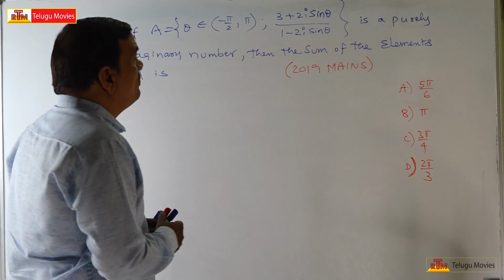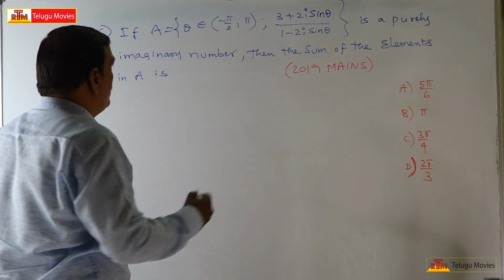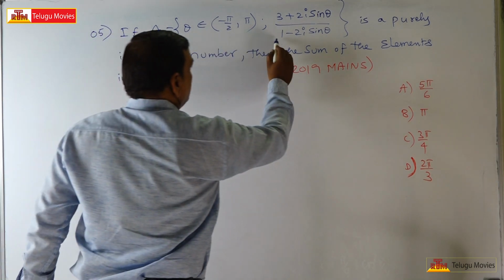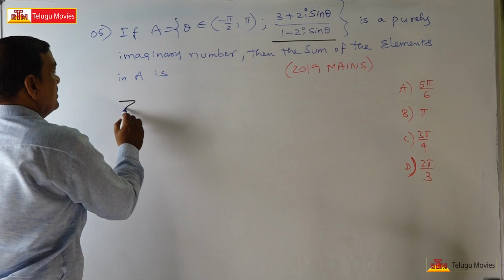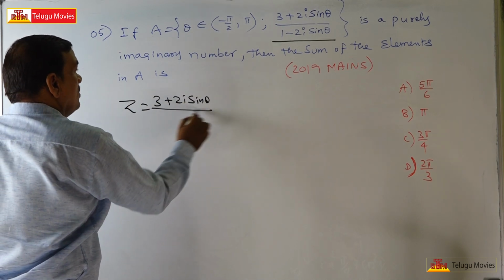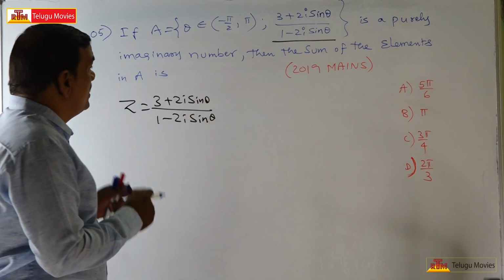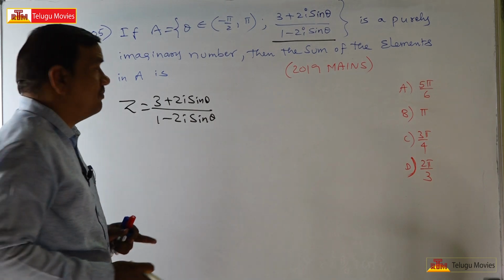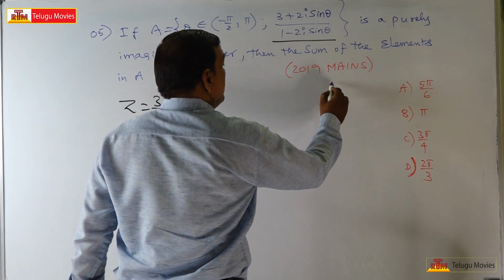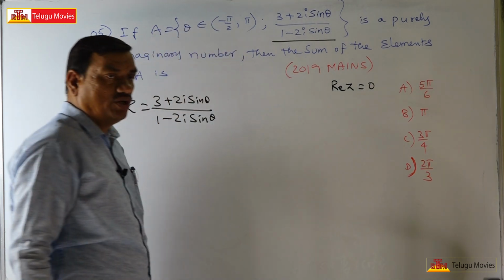Okay, first we will find out what the complex numbers belonging to the set A are. So here, the set consists of the complex numbers z equal to (3 plus 2i sin theta) upon (1 minus 2i sin theta). Now it is a purely imaginary number, which means the real part of z is equal to 0.